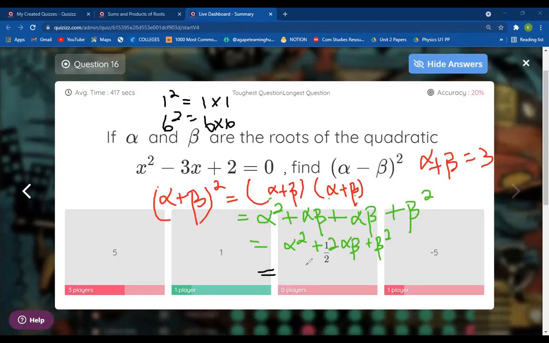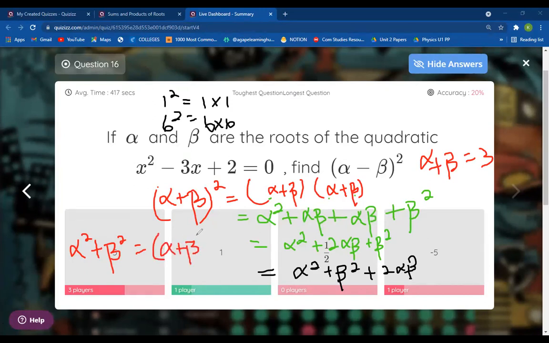However, I could rearrange this to get alpha squared plus beta squared plus 2 alpha beta. Remember, recall, alpha squared plus beta squared is the same as alpha plus beta squared minus 2 alpha beta. So that's what I could write here.